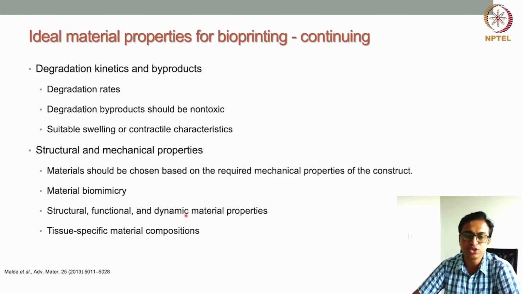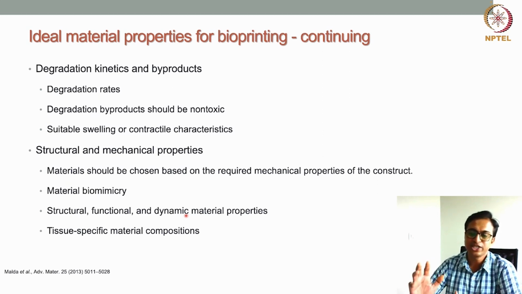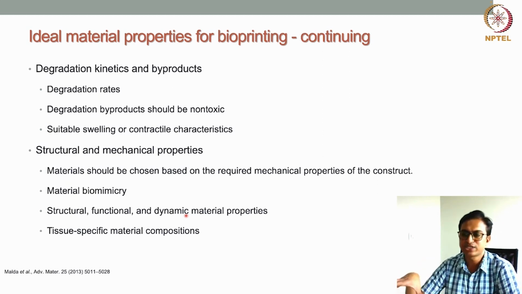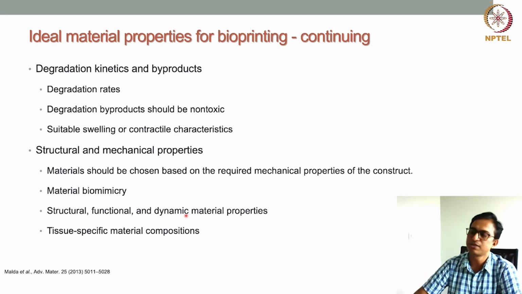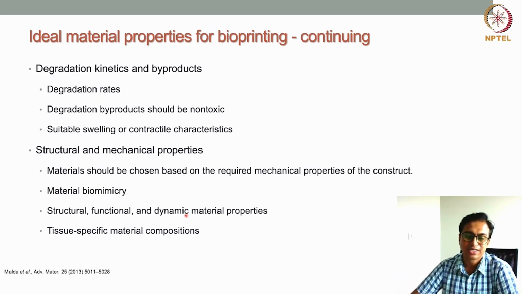So the materials should mimic the chemical nature of that matrix, so that when you put the cells on the bioink or the material, the cells can experience a similar chemical milieu or similar microenvironment, so that they can grow and function.